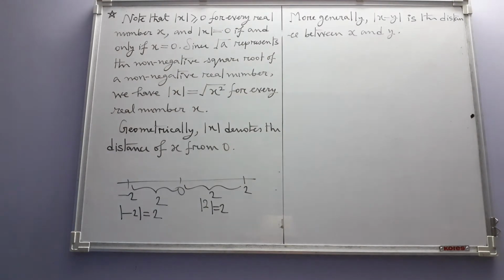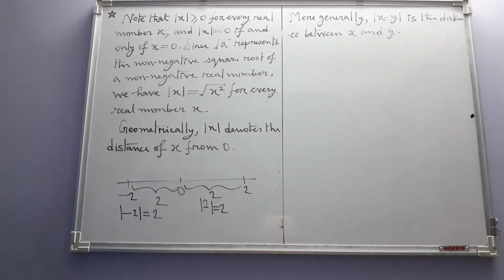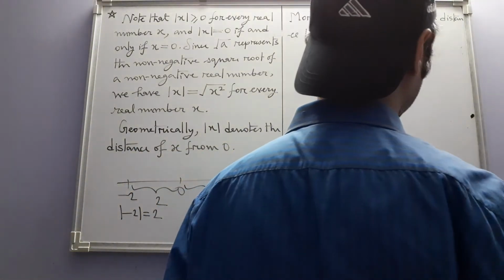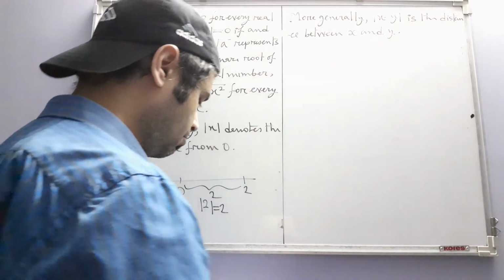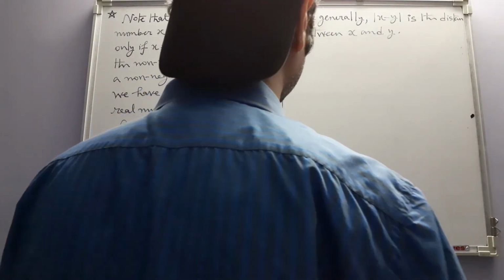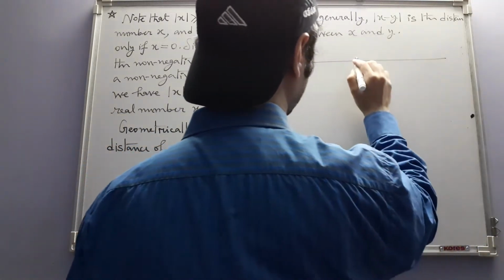If x and y are two real numbers, then the absolute value of their difference x minus y or y minus x is the distance between x and y. And for that one also, you can take some simple examples.